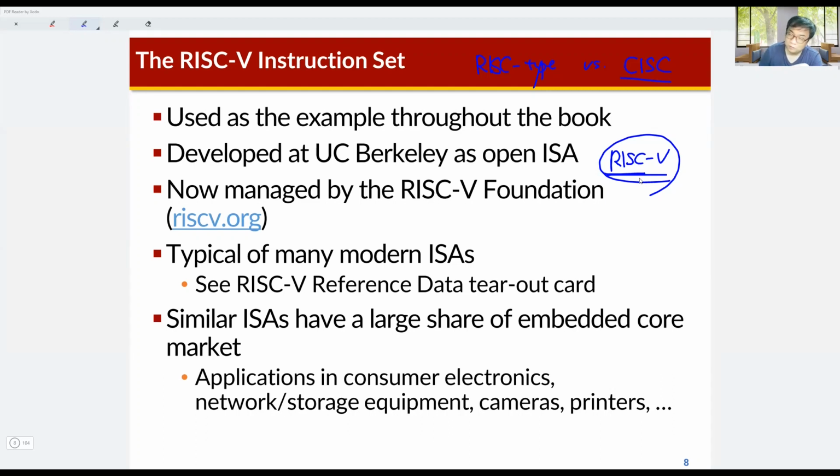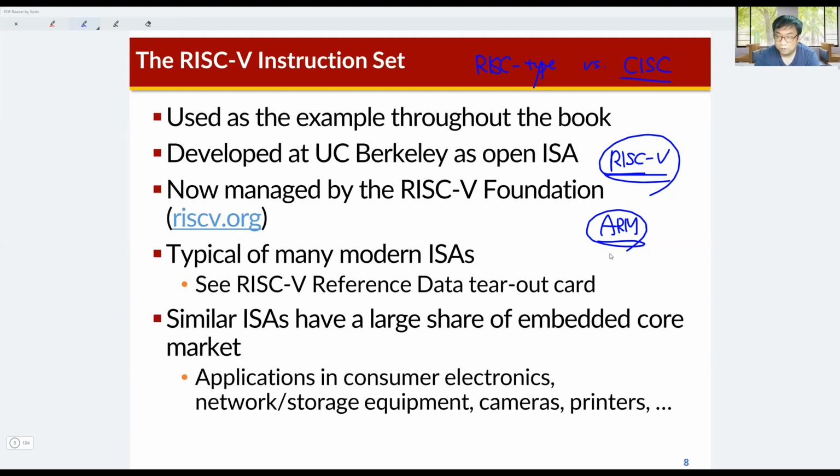This is different from the ARM ISA. ARM is also a RISC family ISA, but ARM is not an open instruction set architecture. If we use the ARM ISA, we need to pay royalty to ARM. So this is a commercial instruction set architecture. x86 is the same. It's not an open ISA.